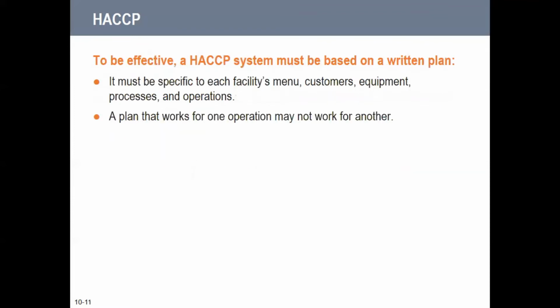So in order to be effective, HACCP has to be based on a written plan. And if anyone's ever done HACCP before, if you don't like writing, I'm really sorry, because it is a written plan, and it is specific to each facility. So it's tough to do a cookie cutter.